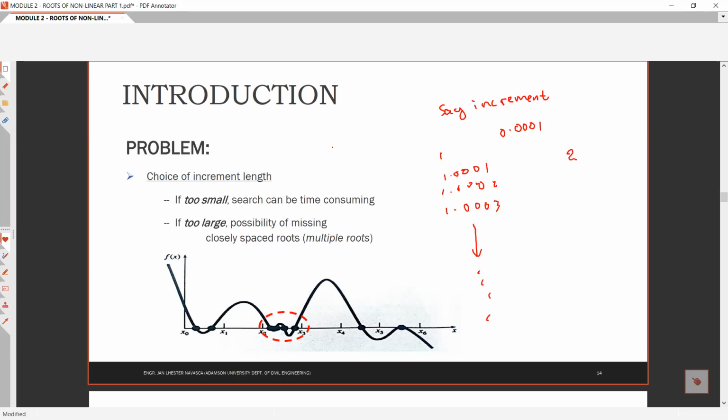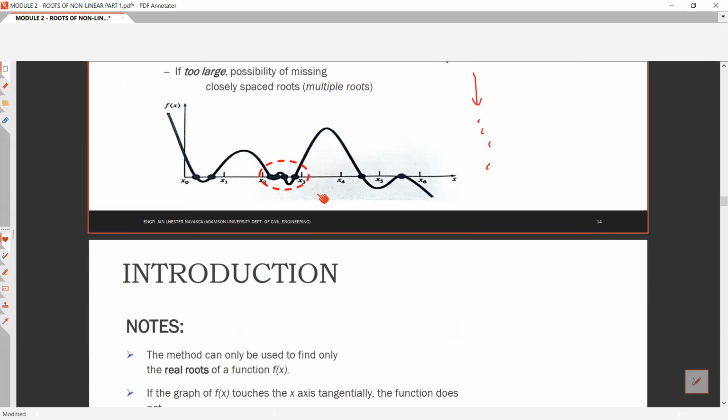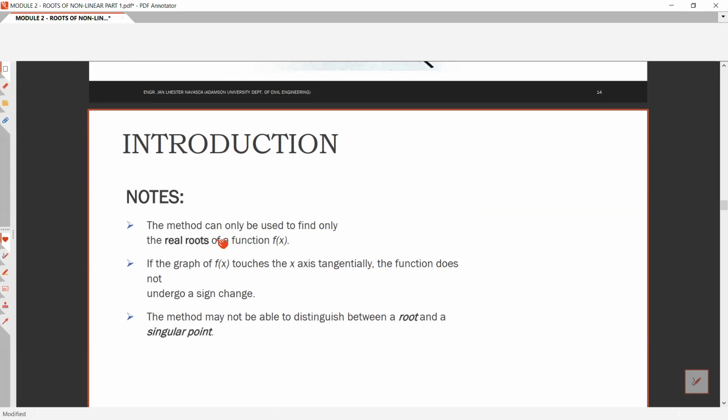So hindi mo mahanap yung root kasi medyo malalaki yung space mo na ginamit mo na increment. Okay, so yon, hindi mo siya mahahanap. That's also a problem. Okay, so a note, the method can only be used to find only the real root. Yung method na incremental search, magagamit mo lang siya kapag maghahanap ka ng real root. Okay, real.